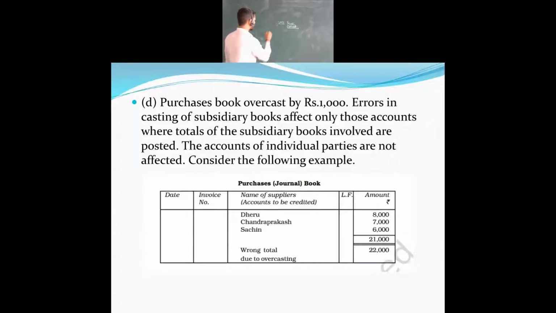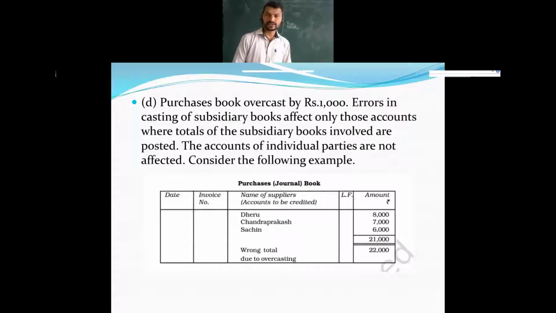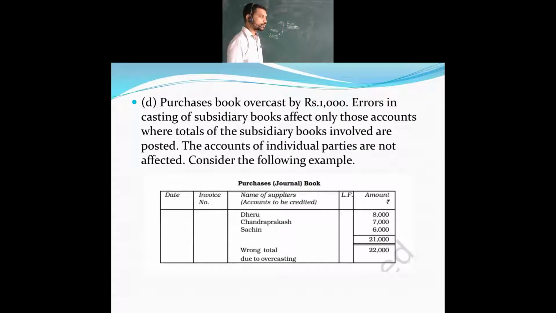Here the total should be 21,000, but they have taken this excess amount and made it 22,000. So it is told here: wrong total due to the overcasting. Here 1,000 more has been given. So this is the error which is found.